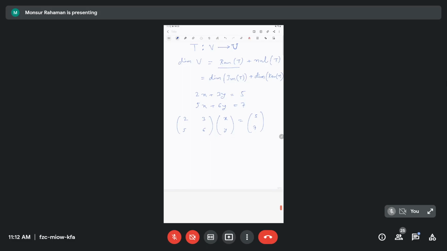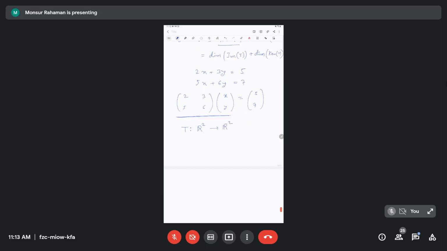So this part is actually a linear transformation T from R2 to R2, because this is a 2 by 2 matrix. So T(x, y) will give you some other vector of R2, suppose it gives you (u, v). Okay. So this is a special vector. You are choosing some vector from R2, (5, 7), and you want to find whether there is any pre-image for that vector. So you need to find this (x, y).